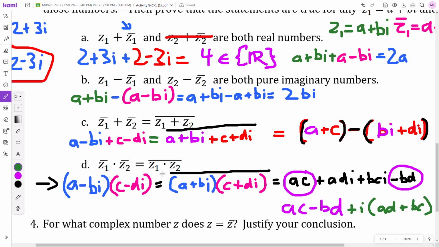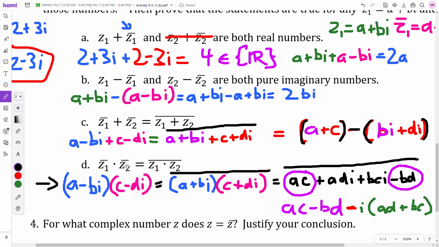But they want the conjugate of this, right? So instead of adding this, we're supposed to subtract the imaginary part. And all this is fine as long as I just remember that I hadn't taken the conjugate yet.